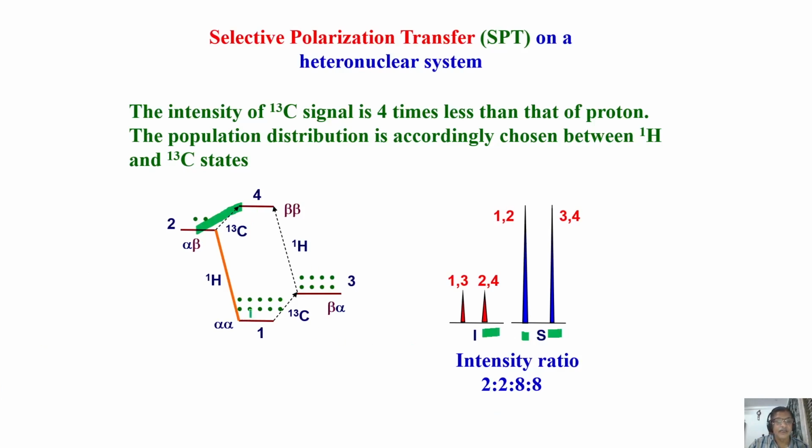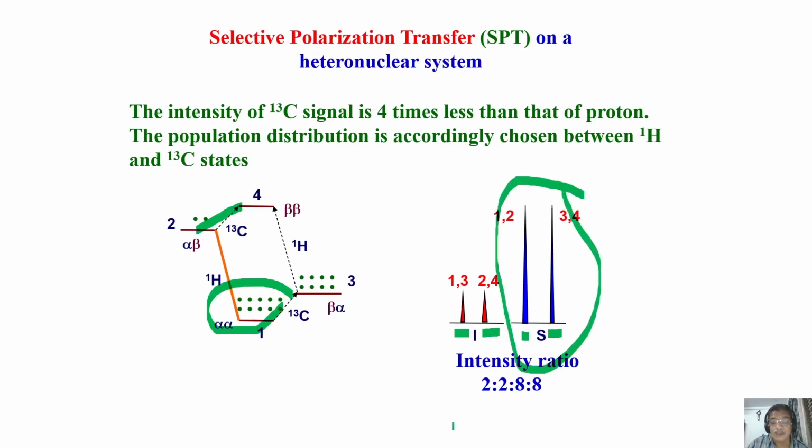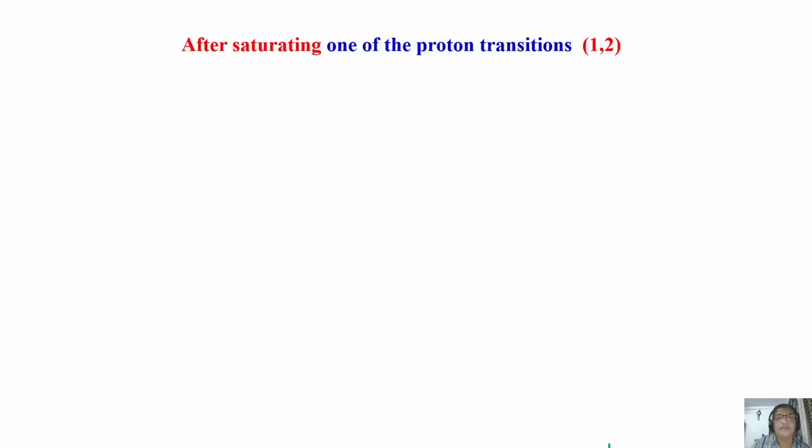Here, carbon transition 10 minus 8, 2. Now you understood why I chose different spins here, 10, 8, 2 and 0? Because now compare the intensity ratio, 2 to 8, 8. Proton intensity is 4 times larger than carbon intensity, because of the lower gamma. Deliberately I wanted to choose this. Now see how much was the gain in signal intensity for selective population transfer and selective population inversion. Understand now. Okay.